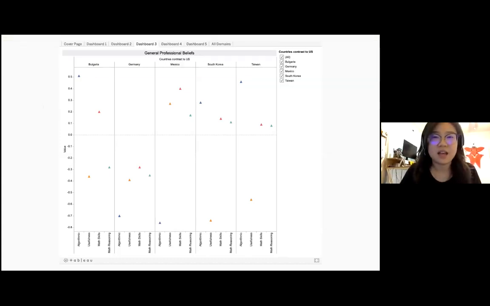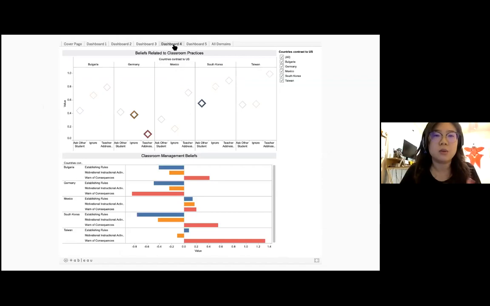Okay. All right. So I'm going to move on to the 4th dashboard so we can see the personal beliefs of the teacher. Here is another example of assessing the teacher's beliefs. This chart is slightly different because there are actually no values below 0. In this sense, the chart represents all the values that are above the US. So the US is serving again as a 0 reference line here, and shows how the belief system falls for the different countries among these different measures. They also have different types of classroom management beliefs.